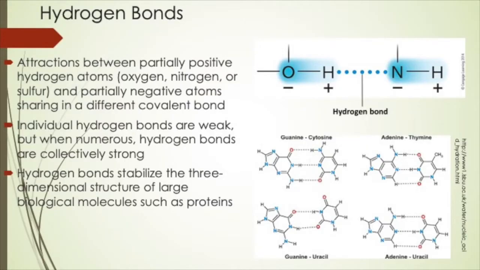Because of this positive negative pull of polarity, you get what's called hydrogen bonding. So this attraction between this partially positive and this partially negative pull can share this almost bond between these sides.